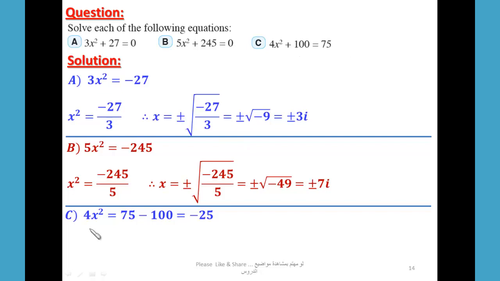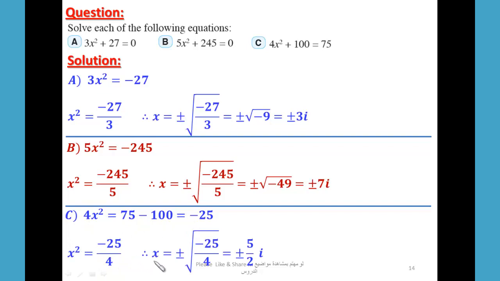So 4x squared equals 75 minus 100, and 75 minus 100 equals negative 25. Then x squared equals negative 25 over 4.